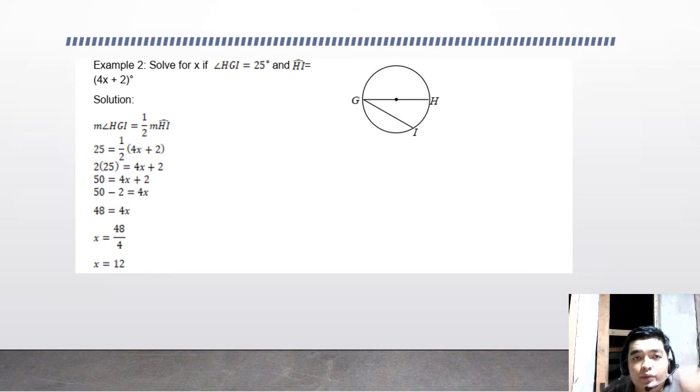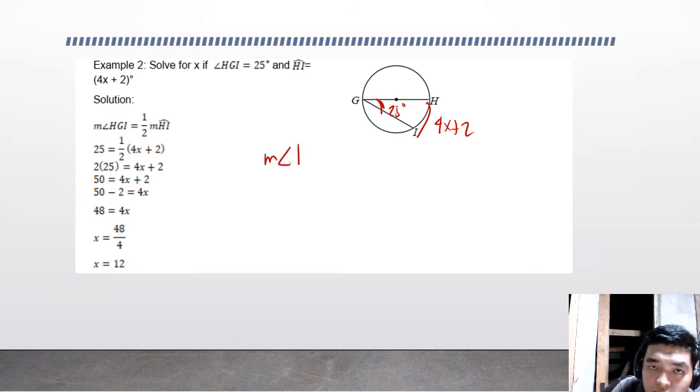Example 2: solve for x if angle HGI is 25 degrees and arc HI is 4x plus 2. We all know that the measure of angle HGI is equal to 1/2 of the measure of arc HI.